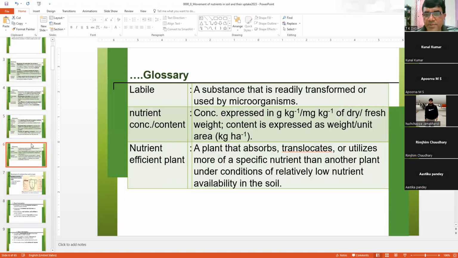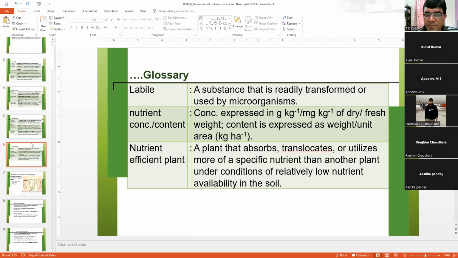Now, labile: a substance that is readily transformed or used by microbes is labile. Your nutrients have several forms: labile form, non-labile form, like this. Nutrient concentration and nutrient content. Concentration is expressed in gram per kg or milligram per kg of dry or fresh weight. So when you have weight by weight or volume by volume, you call it concentration.